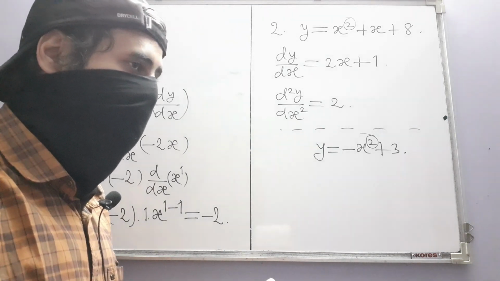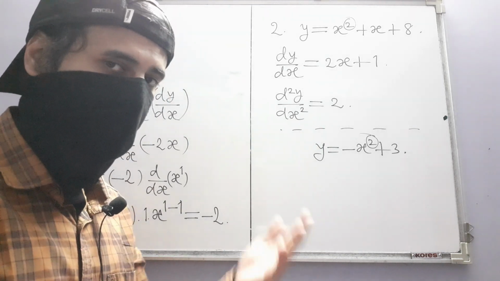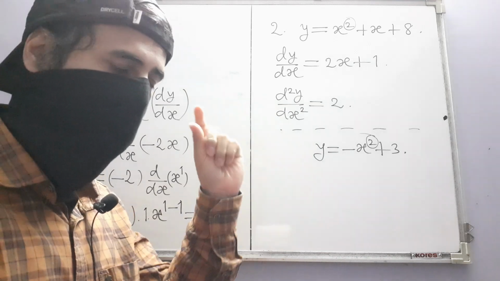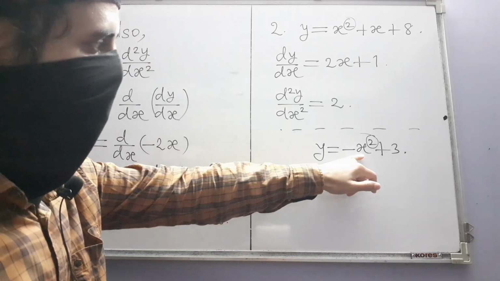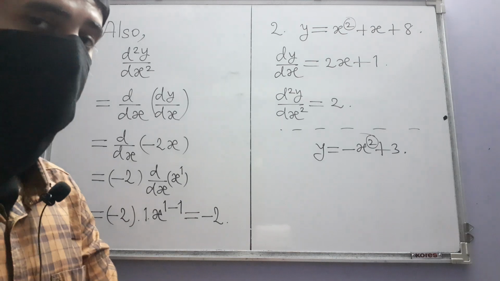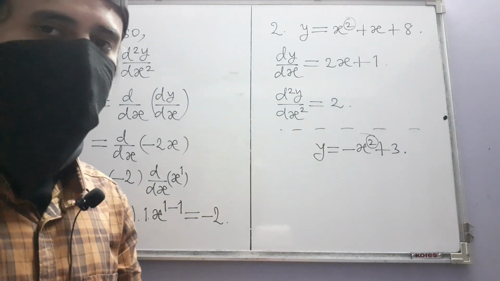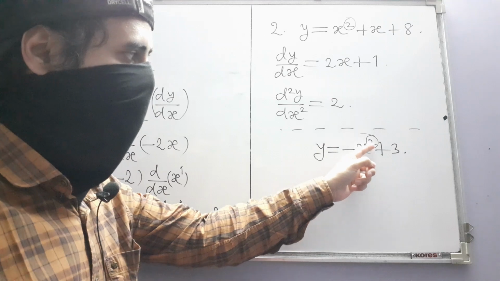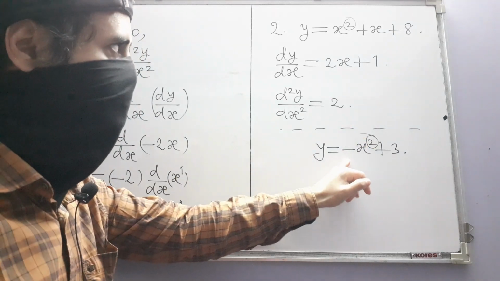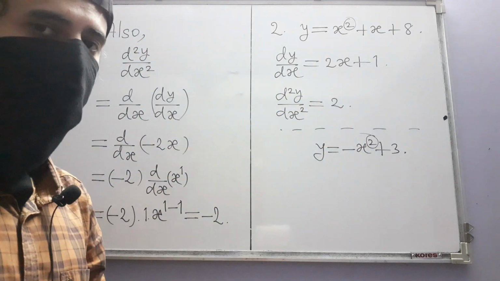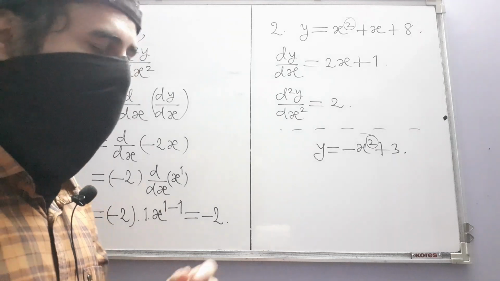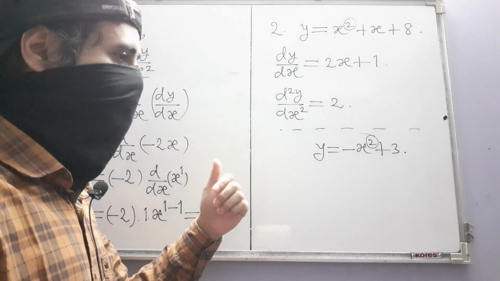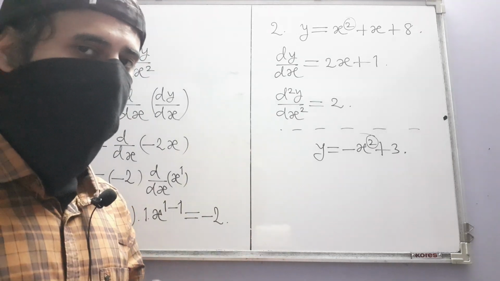If you differentiate a cubic polynomial, where you have x cube with non-zero coefficient, here also actually you have x cube, but that is 0x cube. Here the non-zero coefficient we have is of x square, in this case that is 1. If you have a cubic polynomial, then the third order derivative will be a constant.